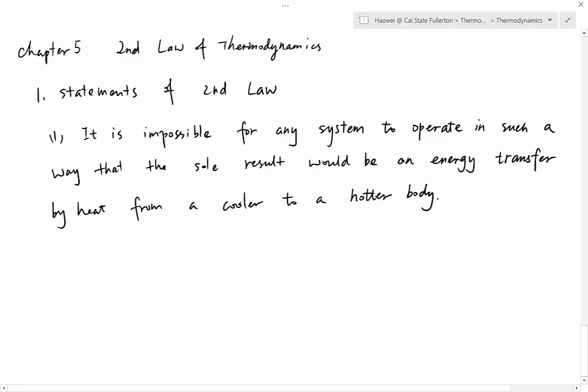This is the scientific language of the first option to express second law.